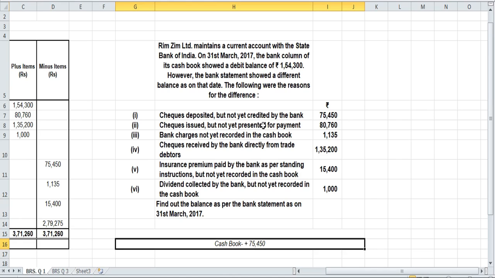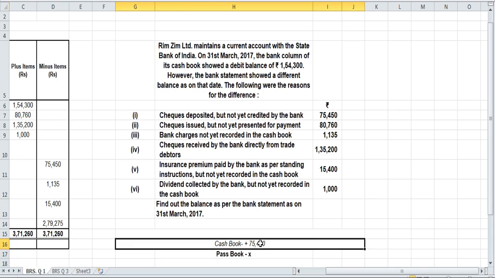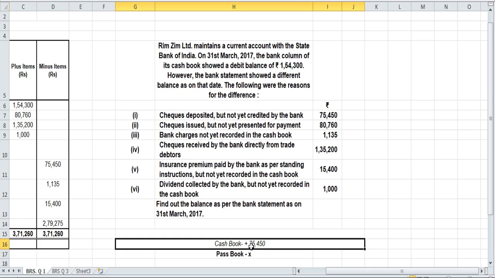This is just for example. We have deposited in the cash book 75,450. But what is happening here? In the passbook we haven't deposited. So our cash book is up by 75,450, but the passbook is still not credited.